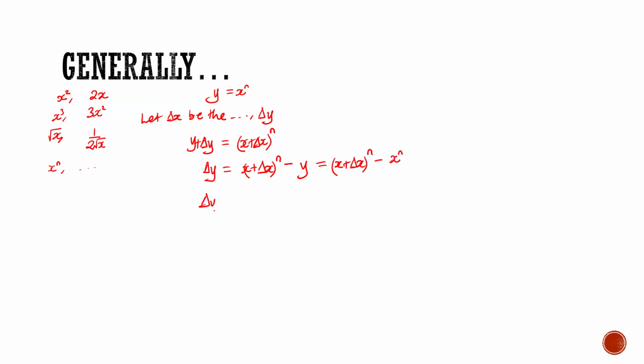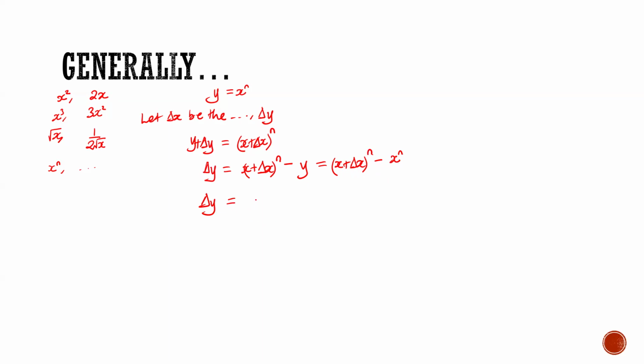Now from this point, we would have to carry out a binomial expansion. I believe that's the easiest way to go about it. You'd have to know that as well, for x plus delta x raised to the power n.